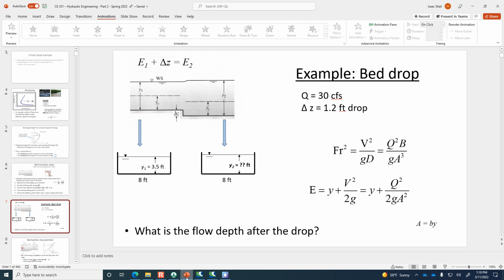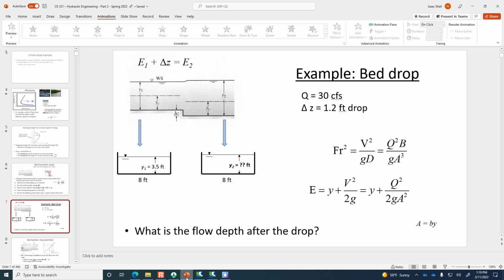Okay. So 30 squared divided by 2 times 32.2 times 28 times 28. This part of it is pretty minor, 0.017825 feet.